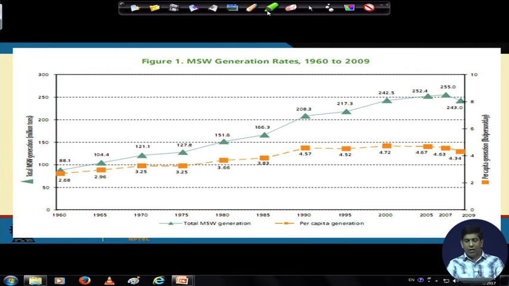If you look at that orange one, we see there was a trend of waste generation going up, but now there is a tendency of waste generation coming down a little bit, and we don't know the reason.